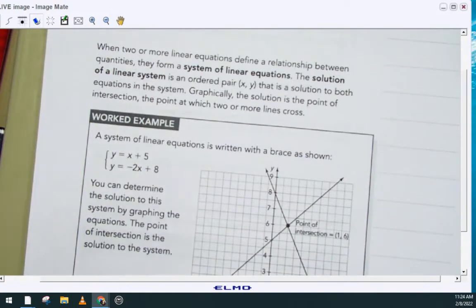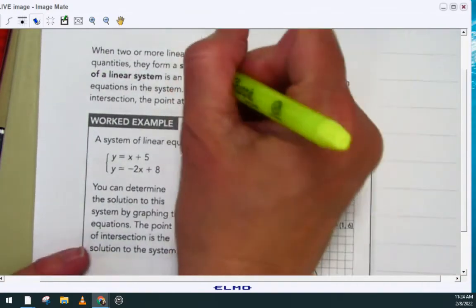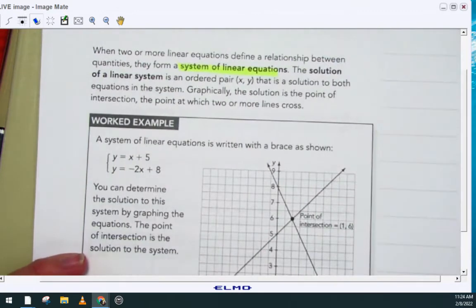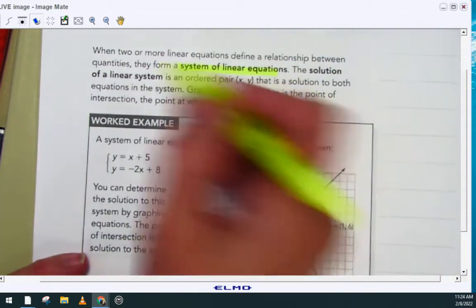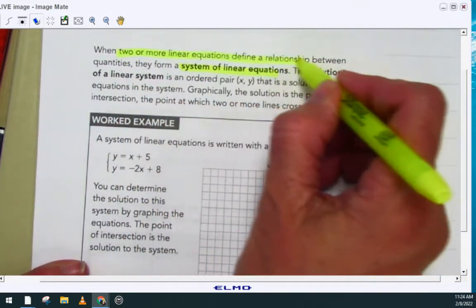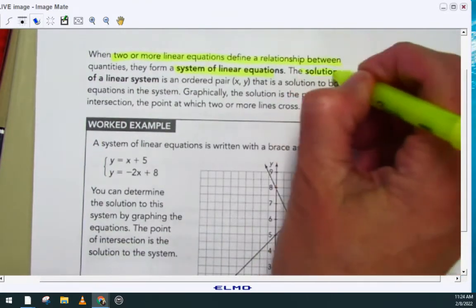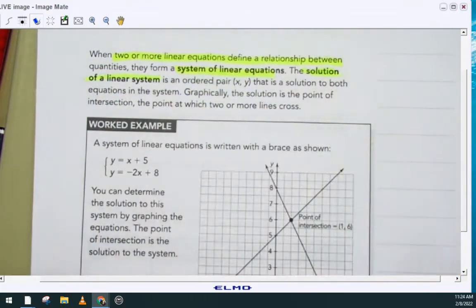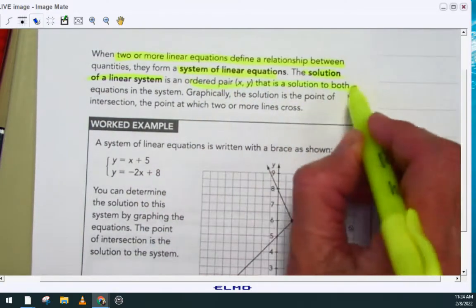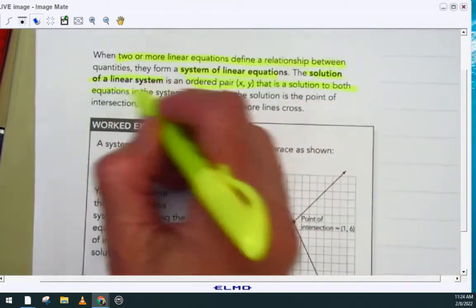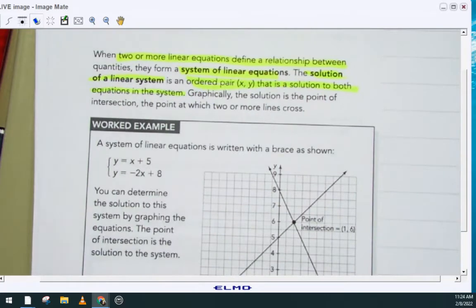And go over this. These are called systems of linear equations. What that means is that there are two or more linear equations that you're graphing on the same thing, or that you have written down. The solution of the linear system is the ordered pair that is the solution for both. I'm going to underline that part and circle it.